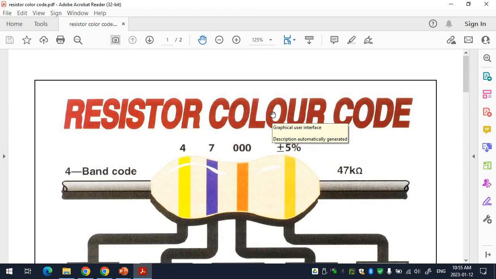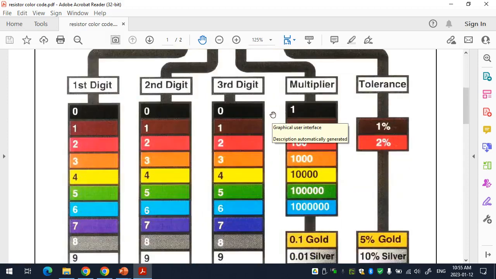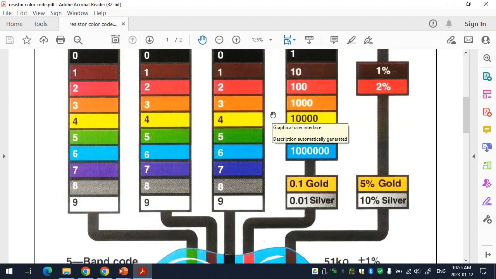For example, here, which color is closest to the edge, the red or the silver? Red. So I have to start with red. Your fourth color is either gold or silver. If you have gold or silver, do not start from there. Start from the other side.